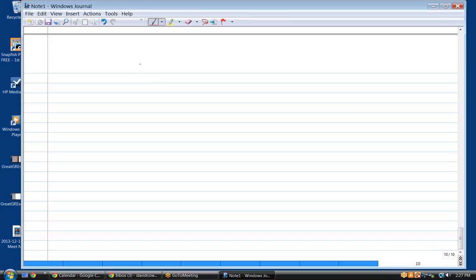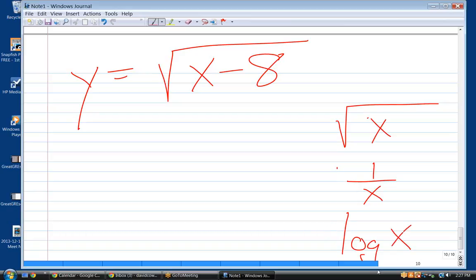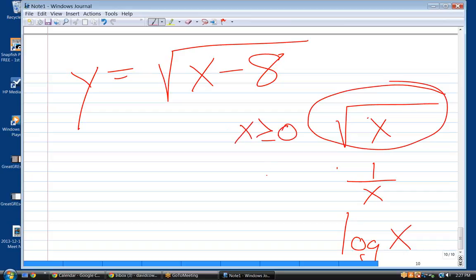It just says find the domain, and then it's the square root of x minus 8. When you're doing domain, there are not very many restrictions. When you find the square root, you need to let x be greater than or equal to 0, or whatever's inside the parentheses.